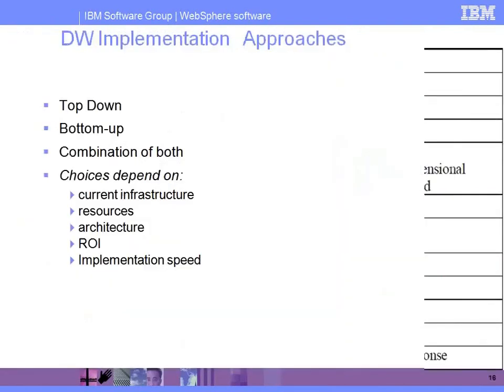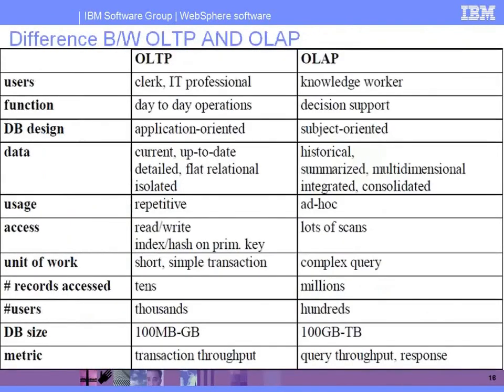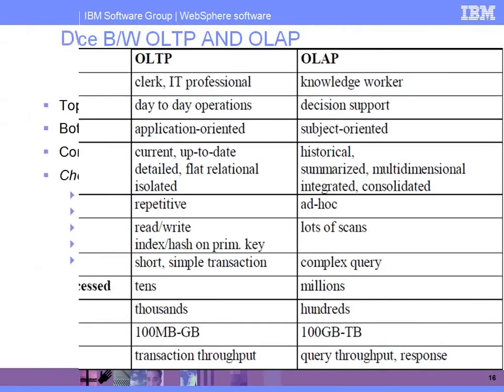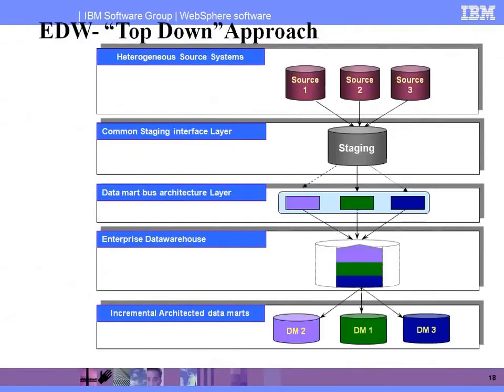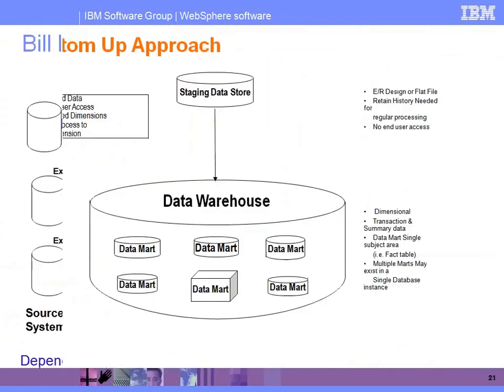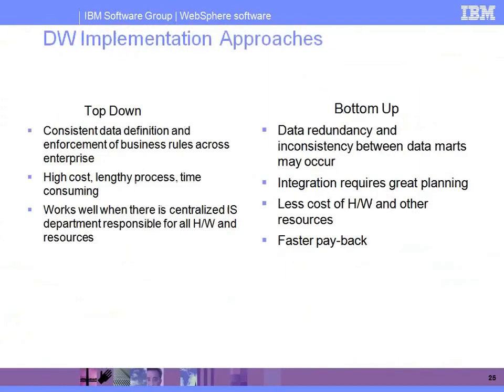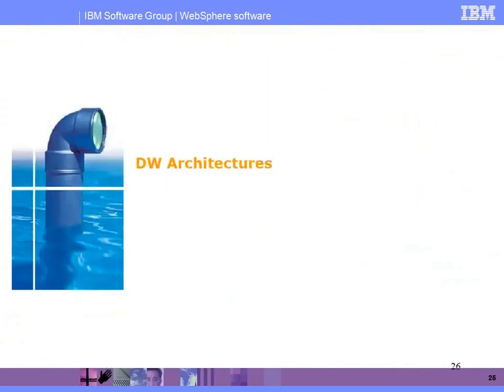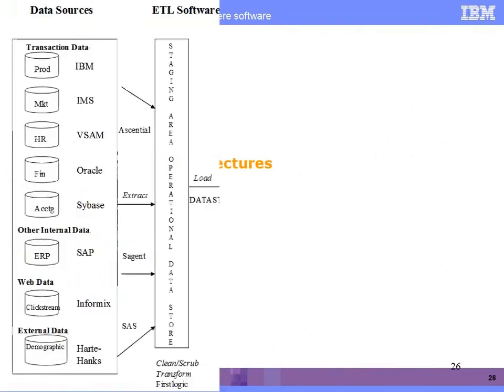Up to this part we covered the difference between online transaction processing systems and online analytical processing systems also. Now we are going to start with the data warehouse architecture. Let me show you one architecture, then we'll come back to how we are going to implement it.